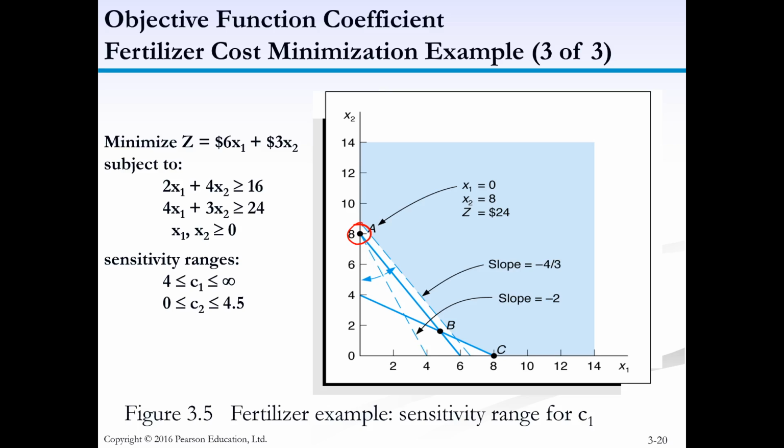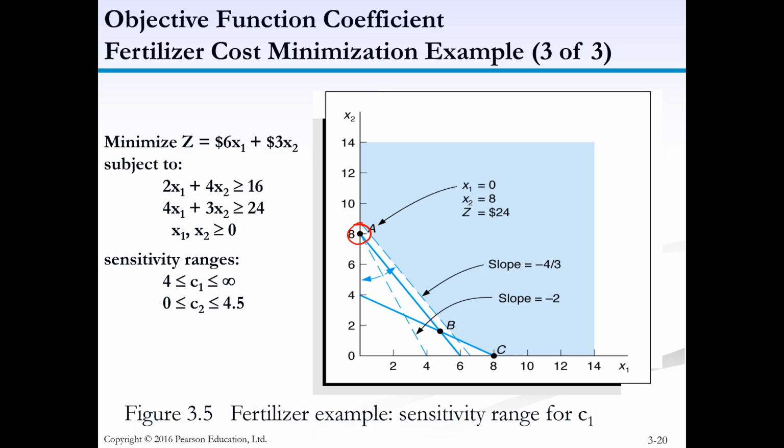The other two corner points are B and C. The isocost line shown in dashed over here shows that the optimal is at the last corner point hit, at x1 = 0 and x2 = 8.